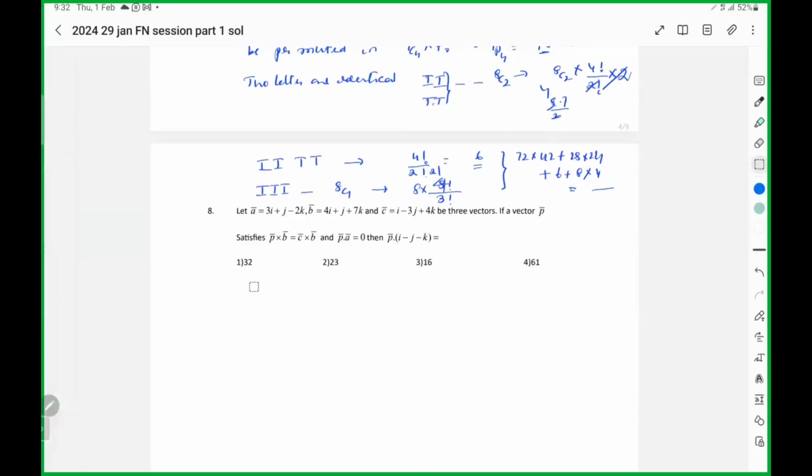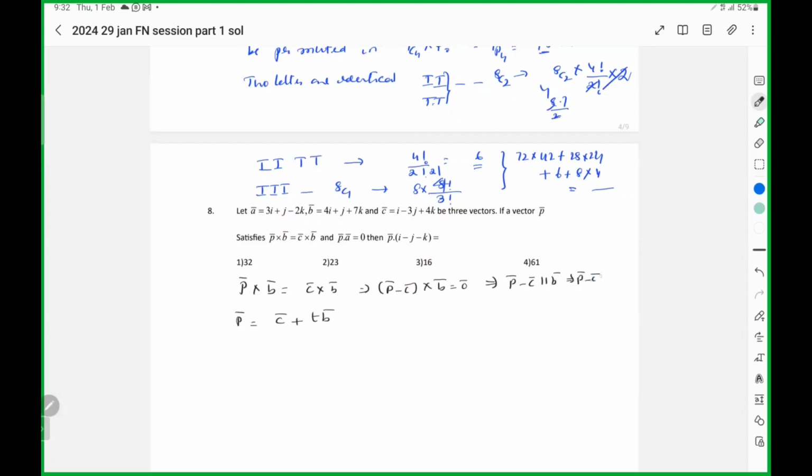P bar cross B bar is equal to C cross B, which means P bar minus C bar cross B bar is 0 bar. P bar minus C bar is this. P bar is C plus T B bar.